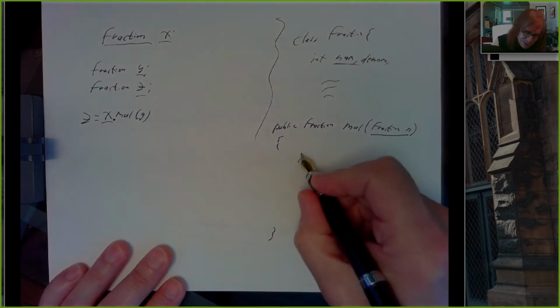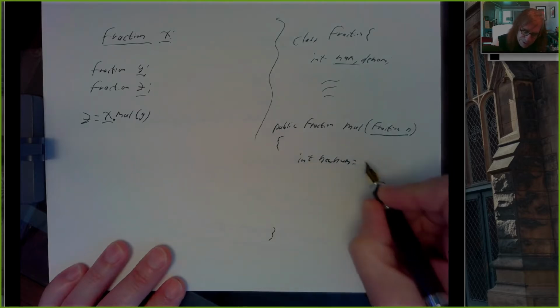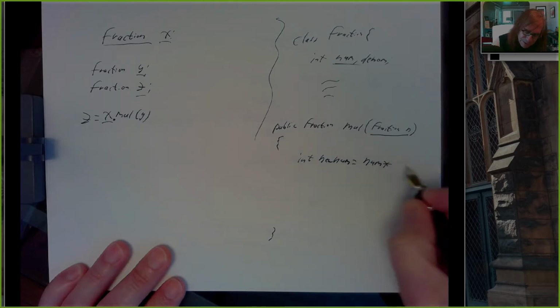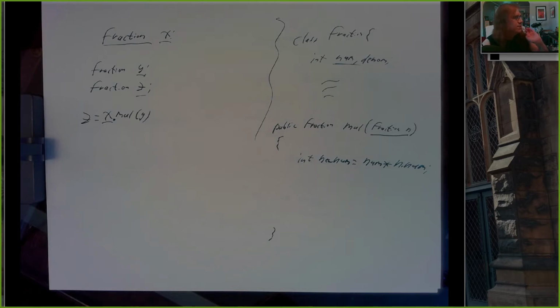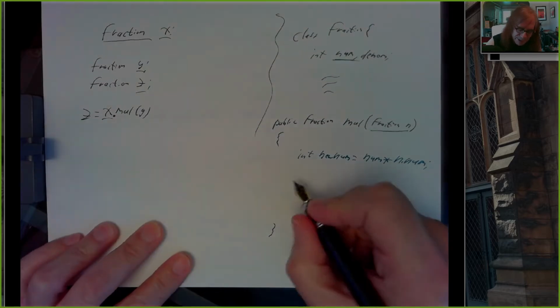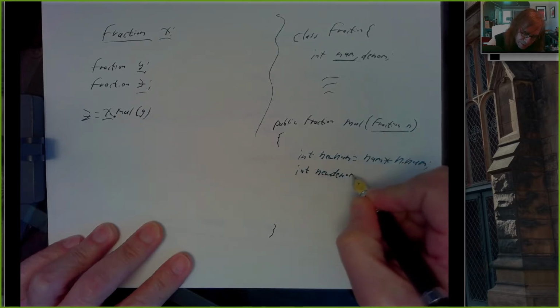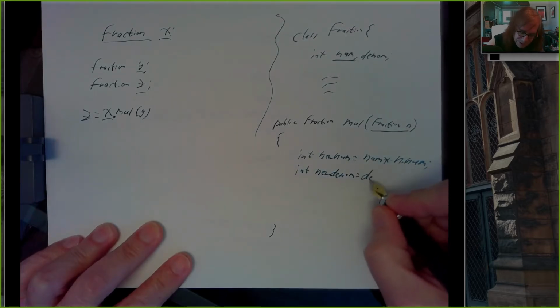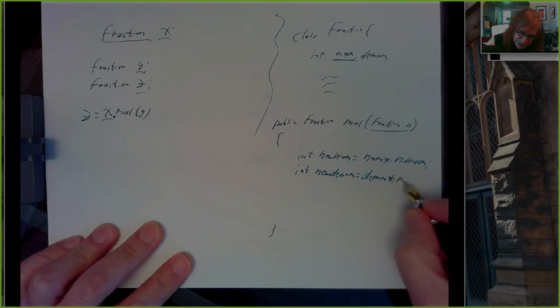So something like, integer new numerator equals numerator times n's numerator. That's the numerator of the result of this multiplication. And the denominator of the result is going to be your denominator times your argument's denominator, so n dot denominator.